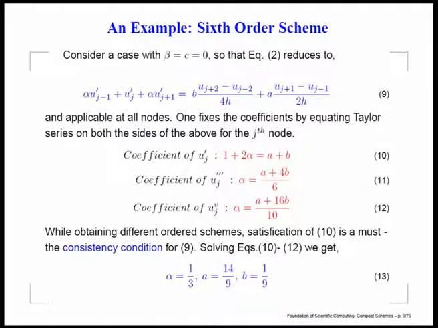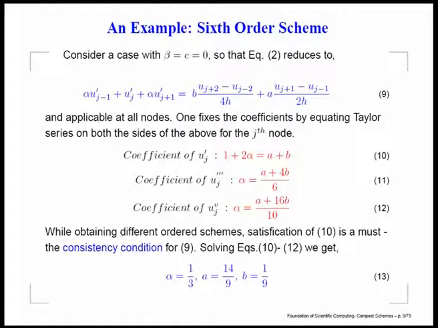So, there are some constants alpha on the left hand side, a and b on the right hand side. h is the spacing between the nodes, and then what you can do is equate the coefficients of the Taylor series on both sides. When you equate the coefficients of u prime, on the left hand side you get 1 plus 2 alpha, and on the right hand side it is a plus b.